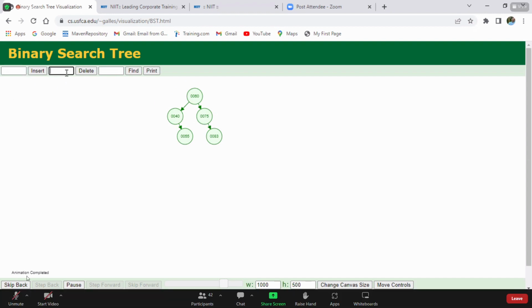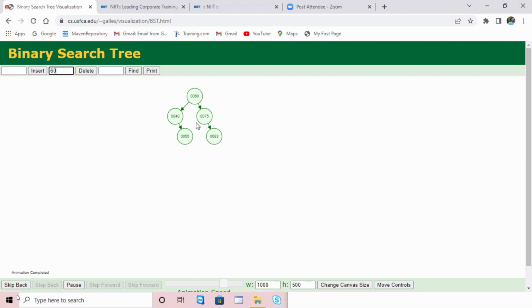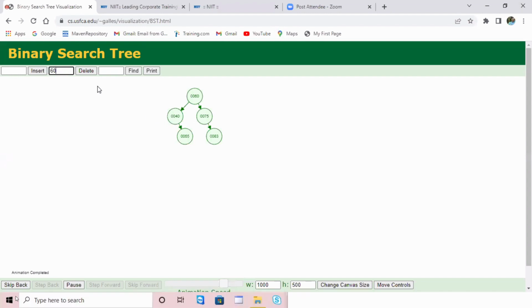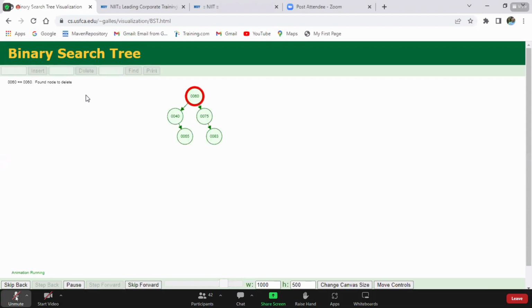I need to delete the root node itself over here, 60. 60 has two children, 40 and 75. The rule says whoever has the minimum value will become your parent.